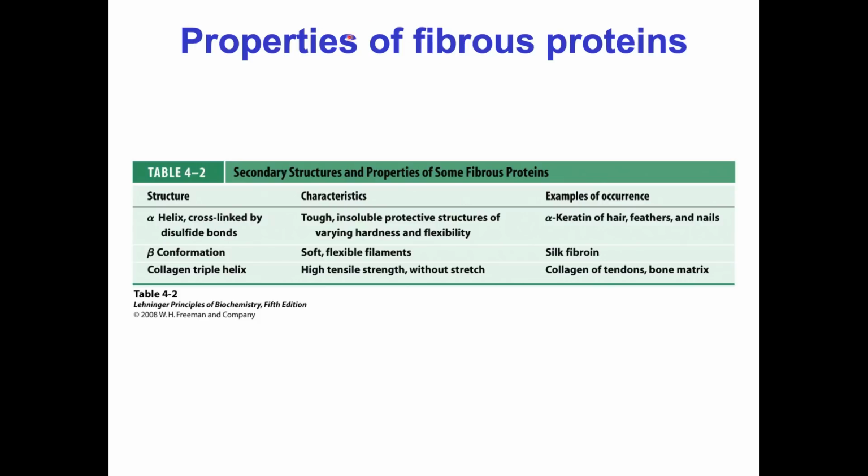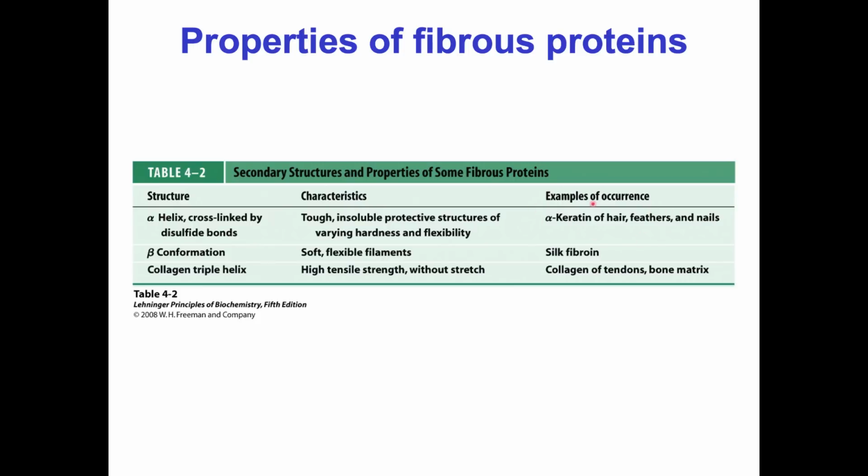If we look at some of the properties of these fibrous proteins, we see a chart here. We have the structure, the characteristic, and then the examples of occurrence. Here we see an alpha helix cross-linked by disulfide bonds is the structure. These structures tend to be tough and insoluble. They provide protective surfaces or structures of different hardness and flexibility.